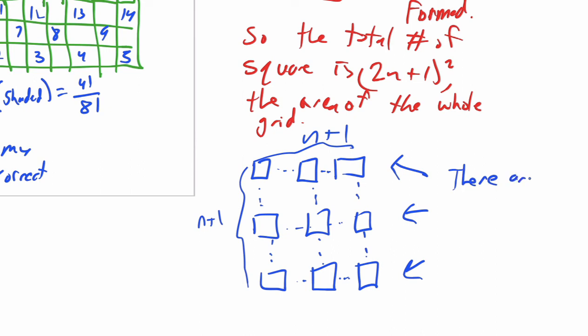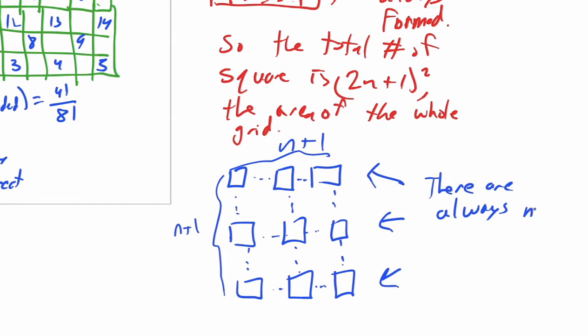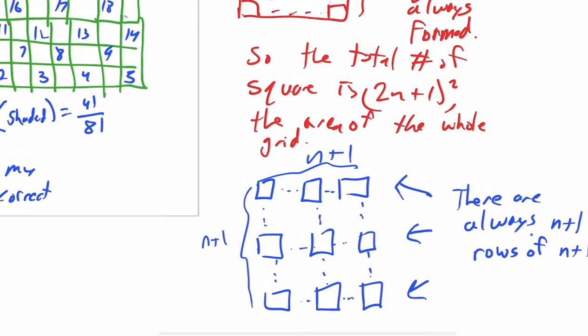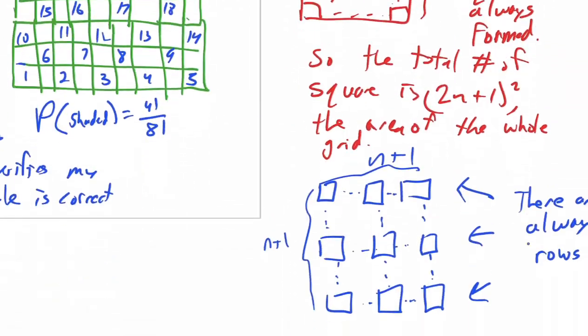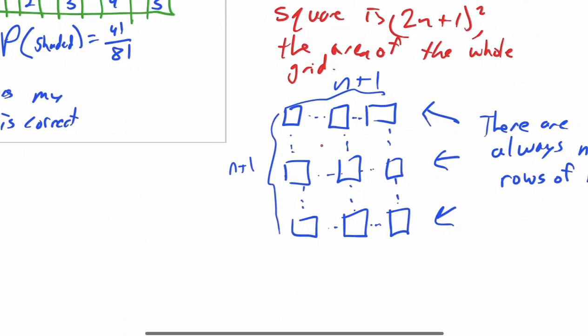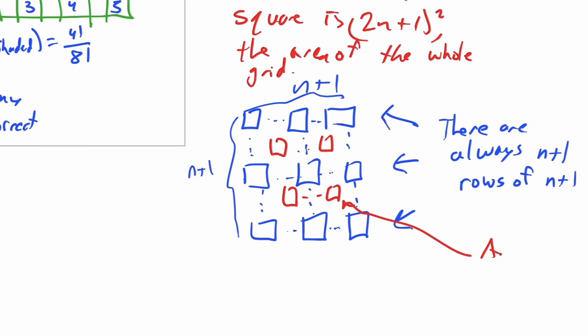There are always n plus 1 rows of n plus 1. And let's draw the other ones in a different color. And n rows of n blocks or squares in between.